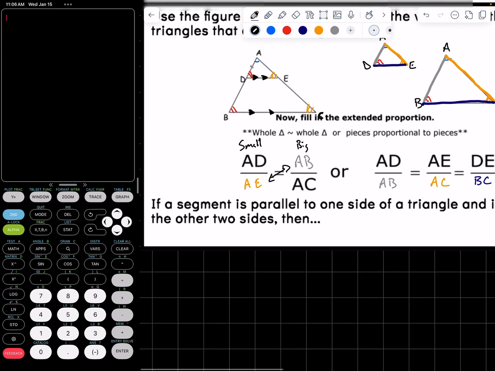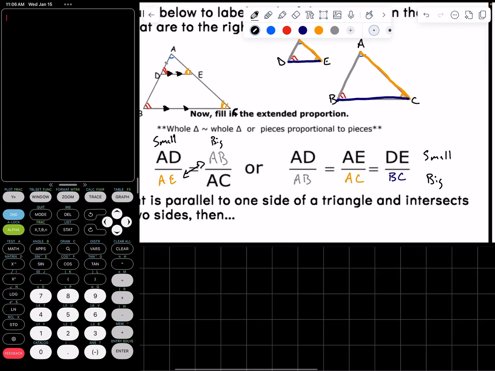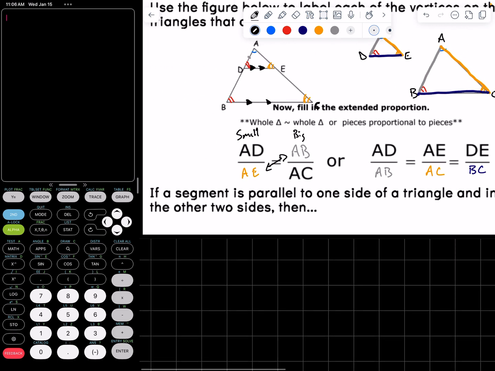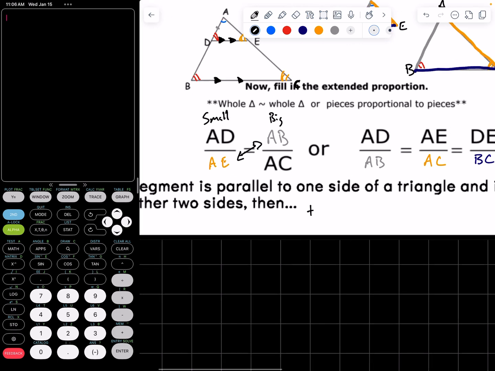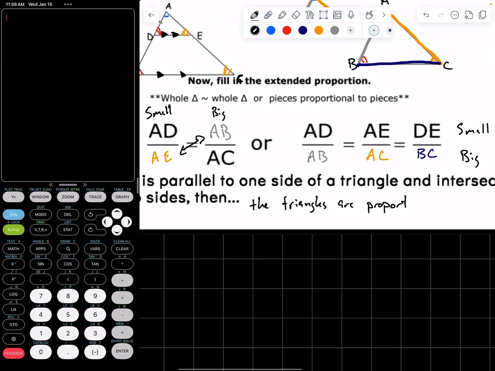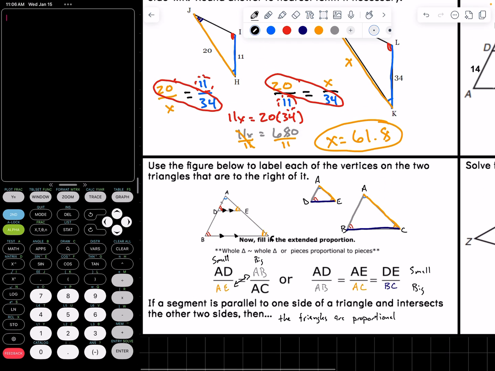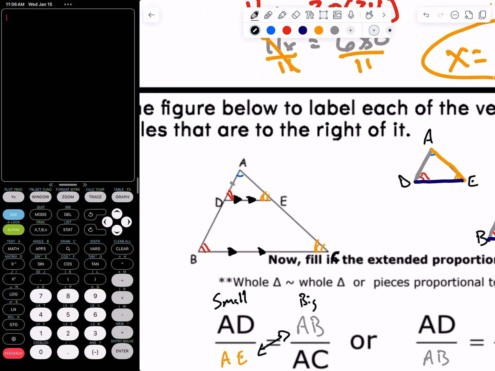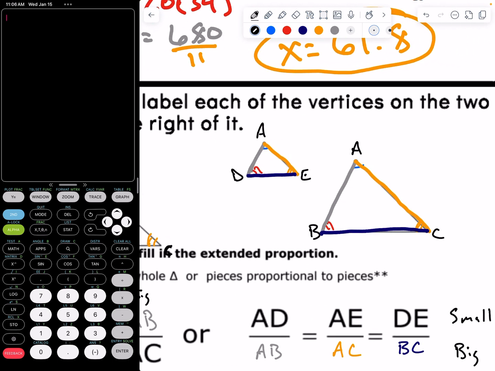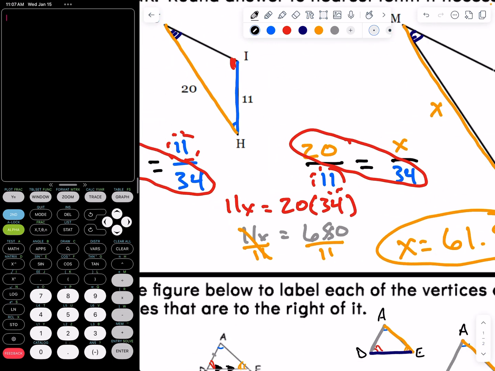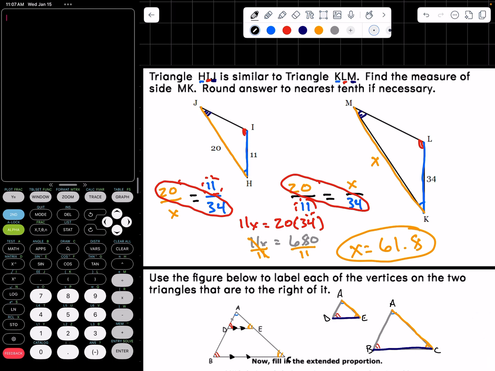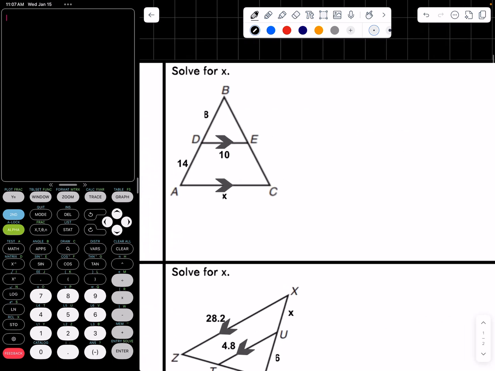If a segment is parallel, DE, to one side of a triangle and intersects the other two sides, then the triangles are proportional. Okay, so because we have parallel lines right there, we can say that we have proportional triangles and solve them just like we did on the top left. So let's take a look at that right here.